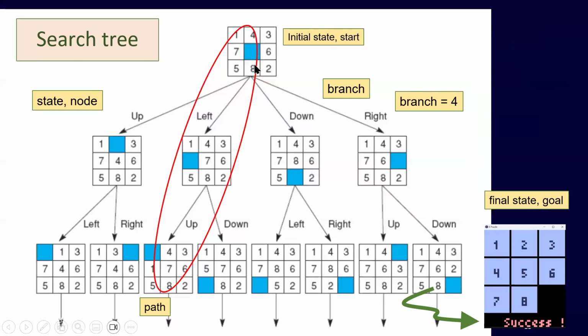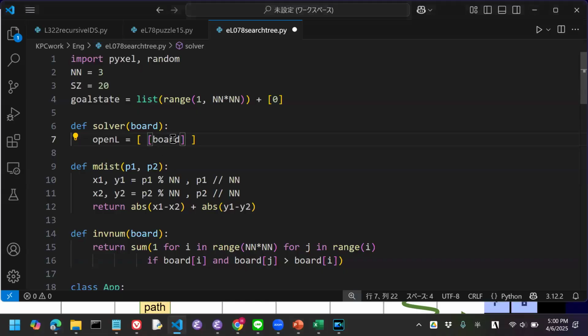For example, this path can be represented as a list of states, state 1, state 2, state 3, like that. So we have to make a list of boards, a list of states, which represents one path. And then we will take care of several paths later. So here, the only element is one path containing one state.